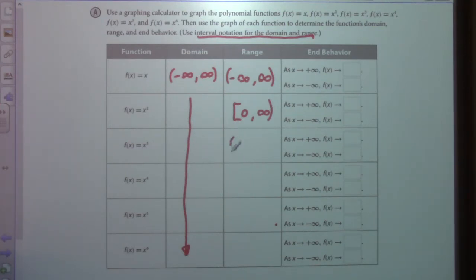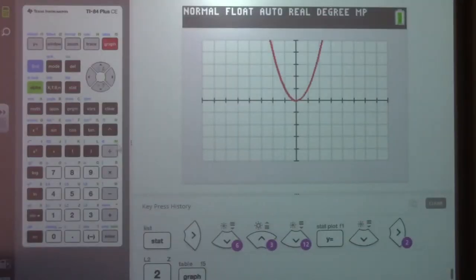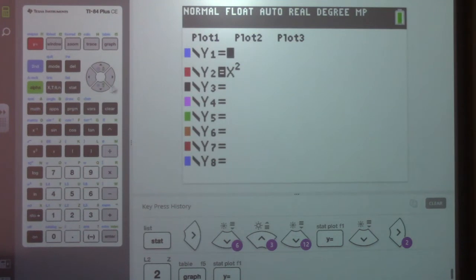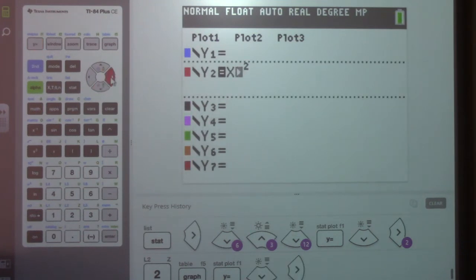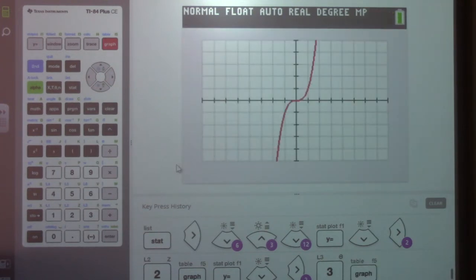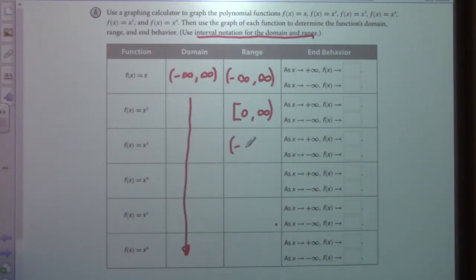We plug it in. Yeah, you could, right? And what that's going to look like is x cubed. So we're going to start where? Start low and end high. So that's going to be negative infinity to positive infinity.